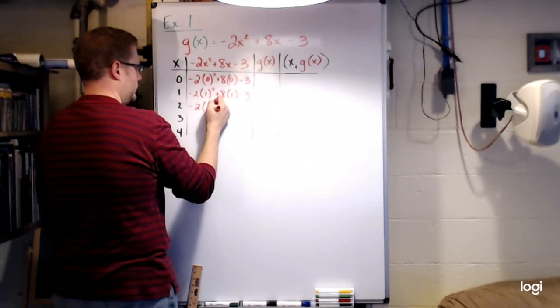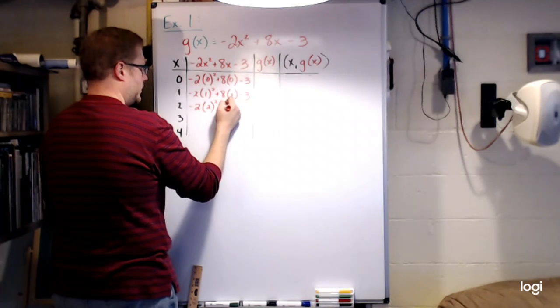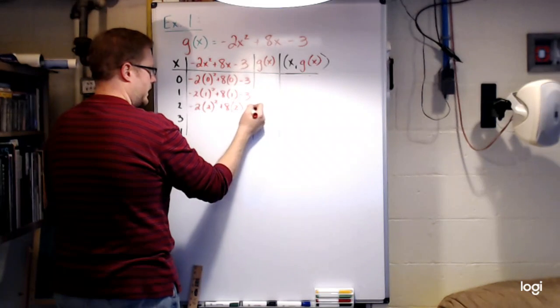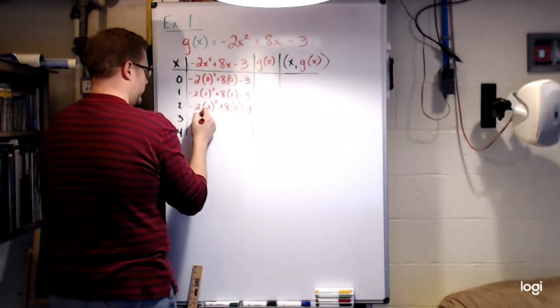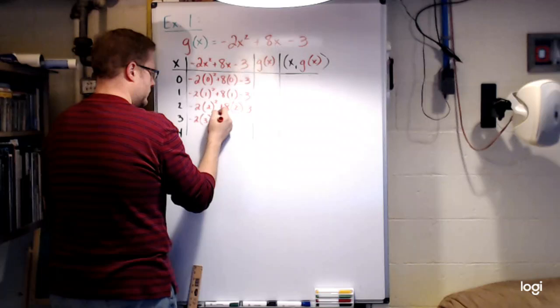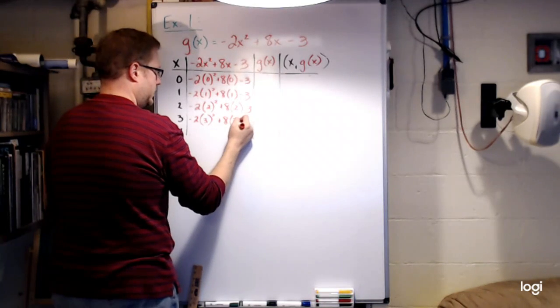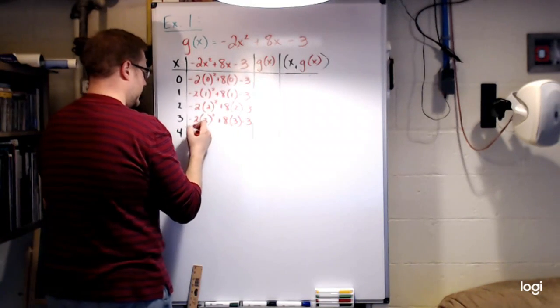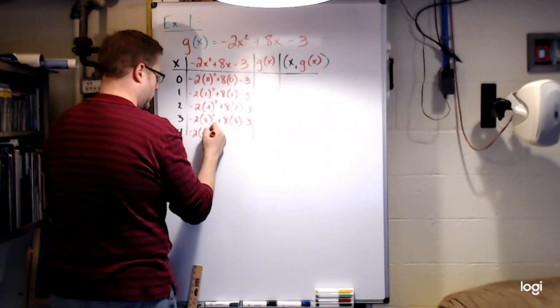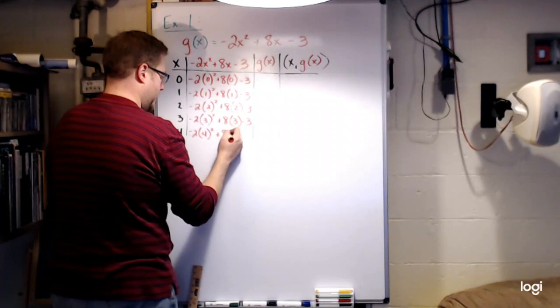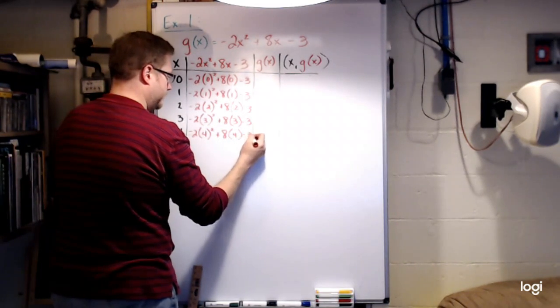Negative 2 times 2 squared plus 8 times 2 minus 3. Negative 2 times 3 squared plus 8 times 3 minus 3. And last, negative 2 times 4 squared plus 8 times 4 minus 3.